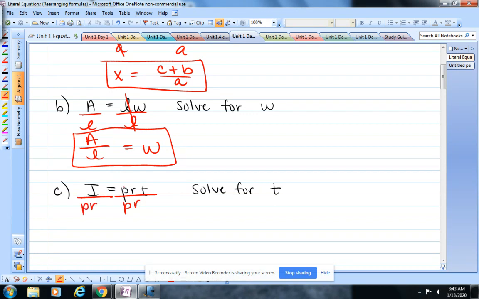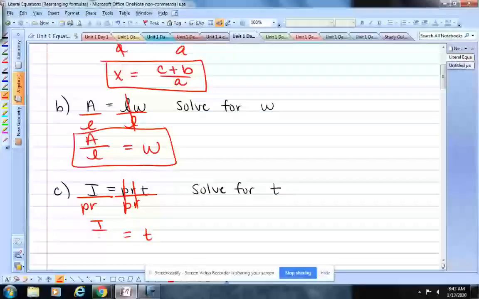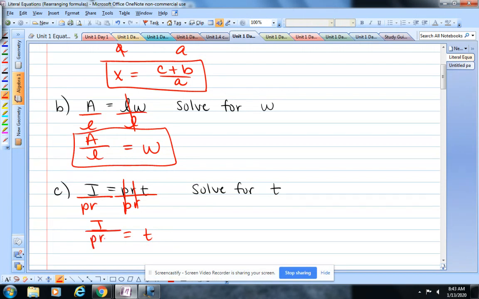So the P's cancel and the R's cancel, and you're left with just T. And that's your answer: I over PR equals T. It works because they were all the same operation, so you can do them in the same step like that if it's the same operation, especially multiplication and division.